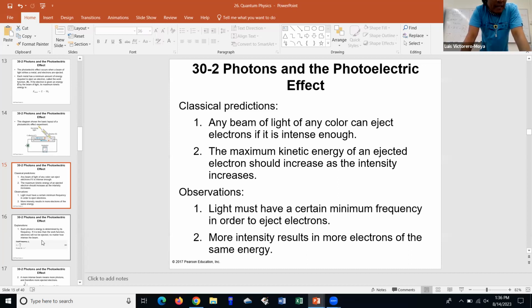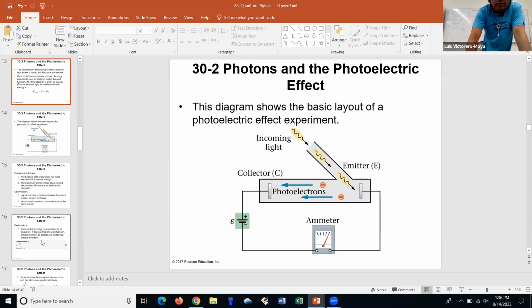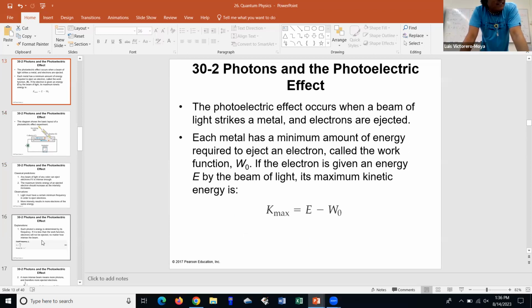Now, at that given frequency, once you start ejecting photoelectrons, as you increase the number of photons, the number of electrons will have the same energy. So that was the observation, that you can increase the number of photons, but because each photon has the same energy, the same E, the kinetic energy max won't change.